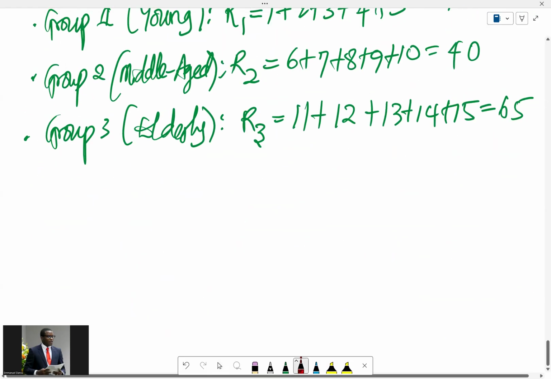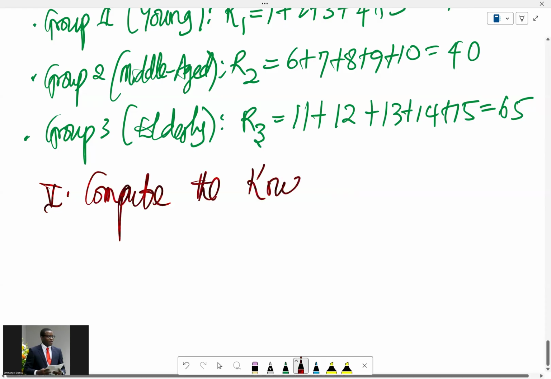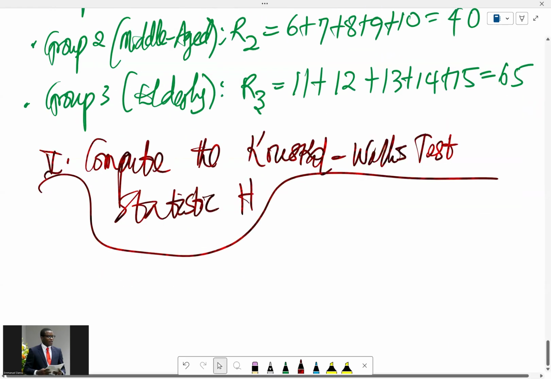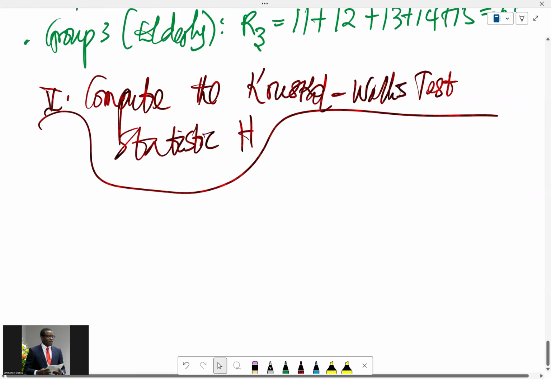Then we go to the fifth step. The fifth step is to compute the Kruskal-Wallis test statistic H. We have to remember the formula again.